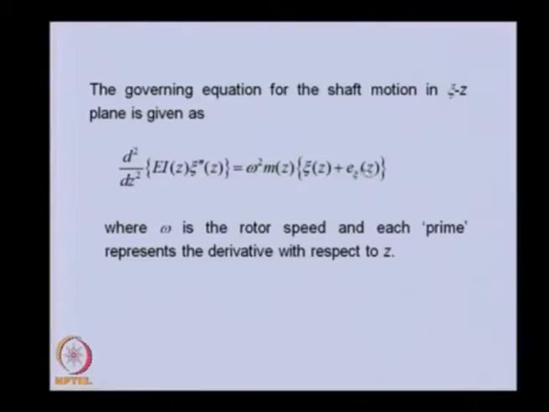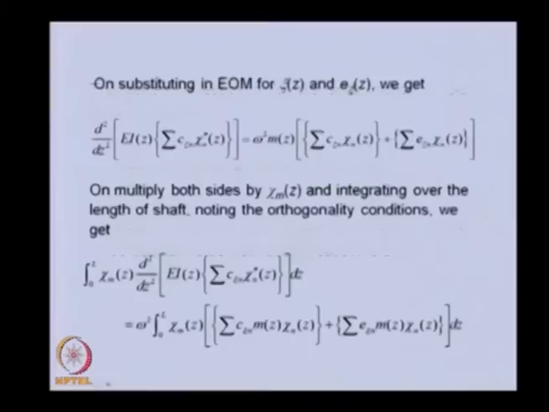So, basically this is the inertia force and this is the elastic force in the continuous system approach. Now, we will substitute the eccentricity, which we expressed earlier in the form of a series, and also the response in the form of a series, in this equation of motion.